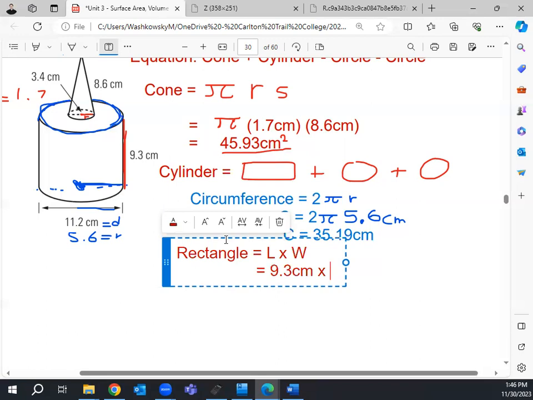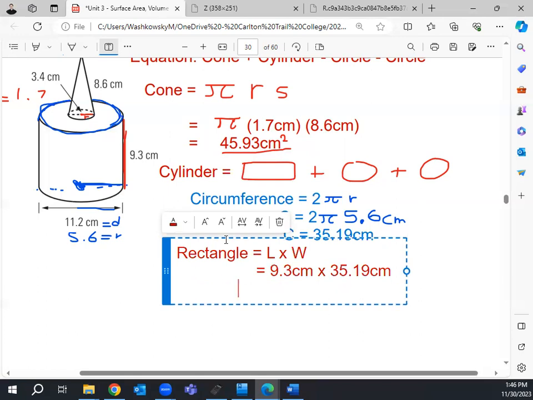And I have my width, which is what I found, that circumference, 35.19 centimeters. Which if I times together, 9.3 times 35.19 should give me 327.27 centimeters squared.